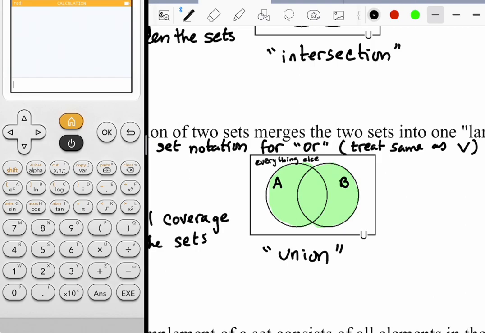If you're talking about, again, going back to my marriage analogy, this shaded region representing the possessions of me and the other person, then everything else in that context would literally be anything that's not possessed by me and that other person, which would mean like the rest of the planet.